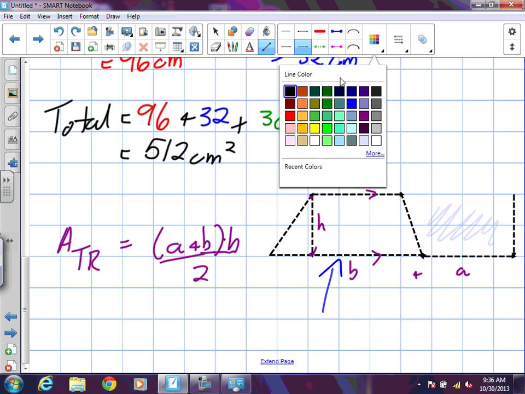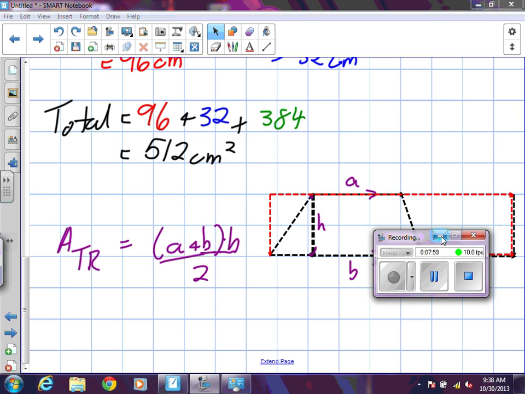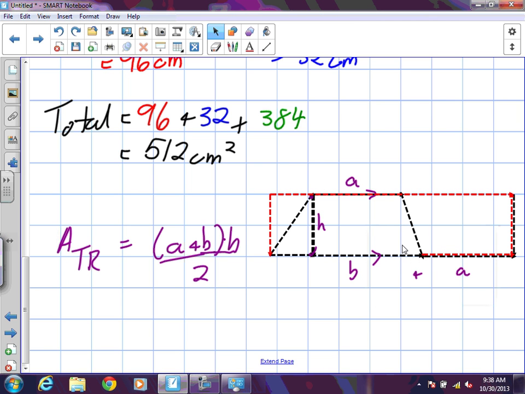So, remember, if we multiply the height by these, we'll be looking at the total. And what we're going to figure out is, if we multiply, we find the area of this red space. So what I'm going to do is show you that that is essentially doubling this. So this triangle here, this is part of our trapezoid. That fills out this red space here.